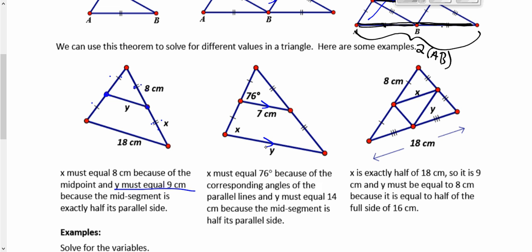So if these 2 are parallel, does that make these 2 parallel lines cut by a transversal? I'd say yeah. You'd say yes and be correct. What is this angle pair here? Corresponding, and if the lines are parallel, you know they are what? So x is 76, right?